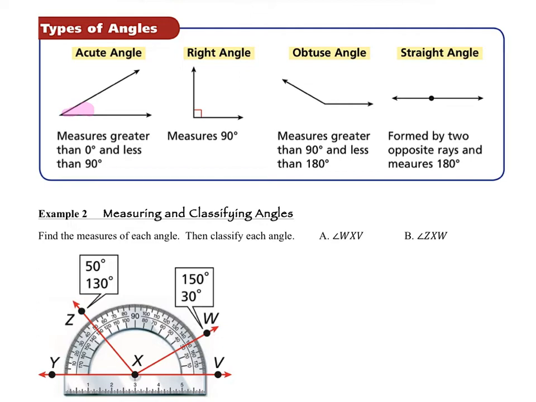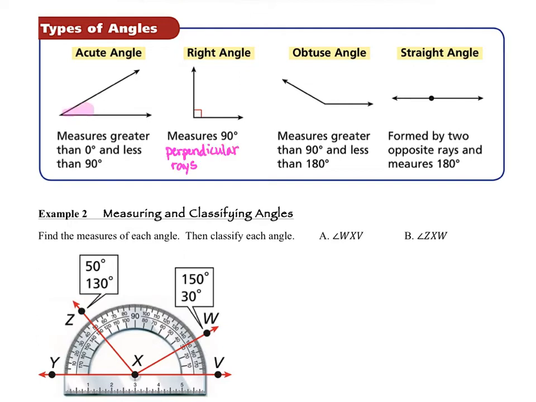All right, if you have a 90-degree angle, we call that a right angle. So if it measures between 0 and 90, we call that acute. If it measures exactly 90, we call that a right angle. And we also say that those two rays meet perpendicularly.